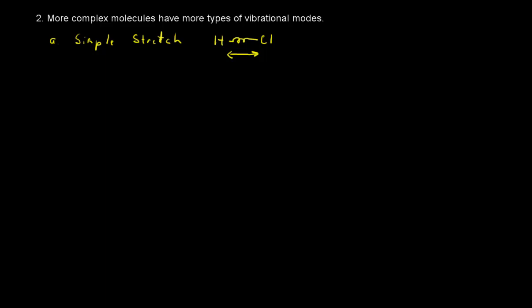When you've got more than two atoms, though, and again, the more complicated the molecule, that is, the more atoms and bonds you have, the more different modes you have. So if we have, for example, a water molecule, we've got three atoms, and when you've got more than two bonds to the same atom, you can have what are known as coupled vibrations.